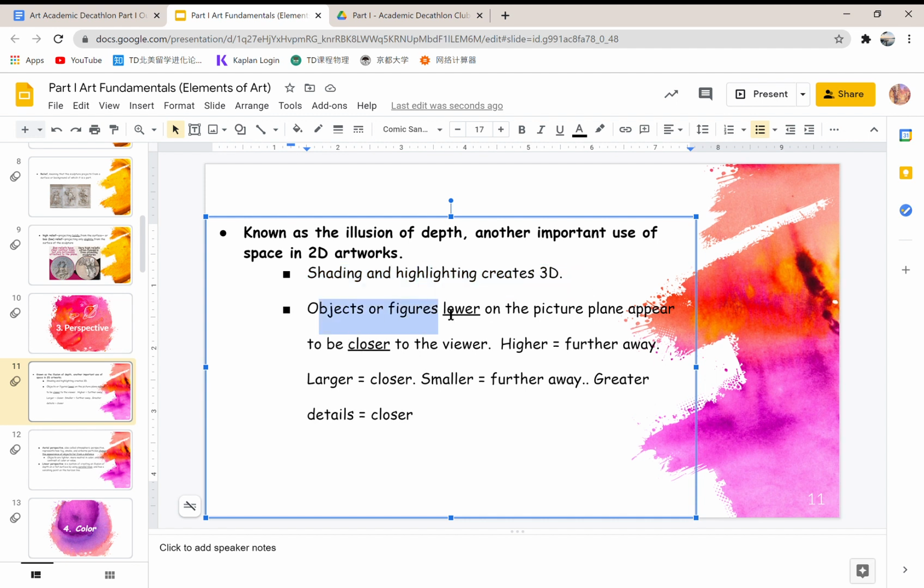Objects or figures lower on the picture's plane appear to be closer to the viewer, and objects or figures that are higher on the picture tend to be further away from the viewer. Larger means closer, smaller means further away, and greater detail also means an object is close to you.